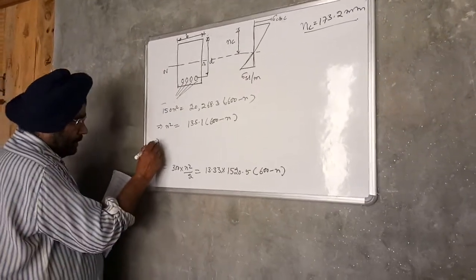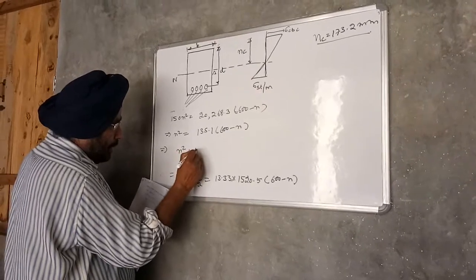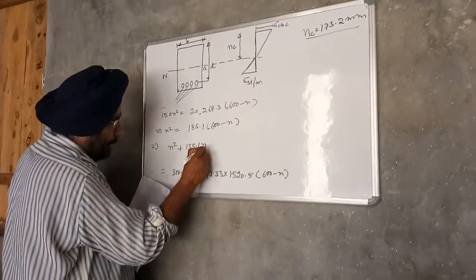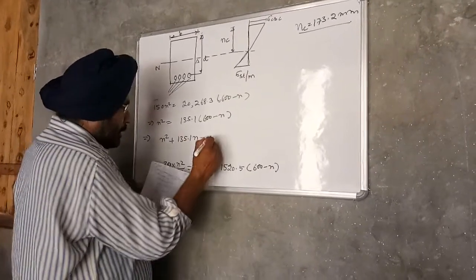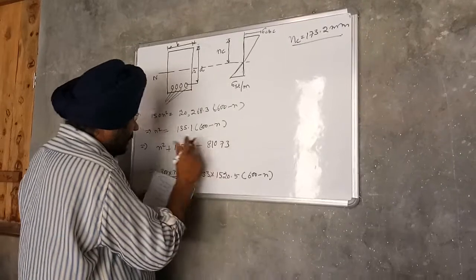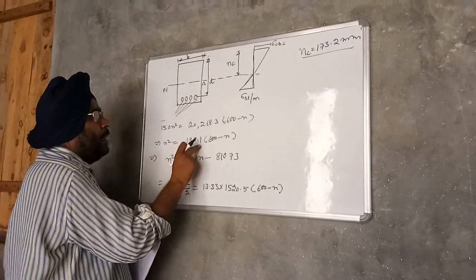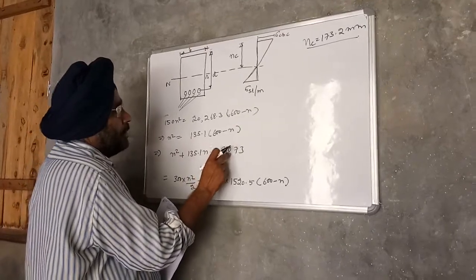So then n square plus 135.1 n minus 81073 equals 0, by multiplying 135.1 into 600, so the value is 81073.